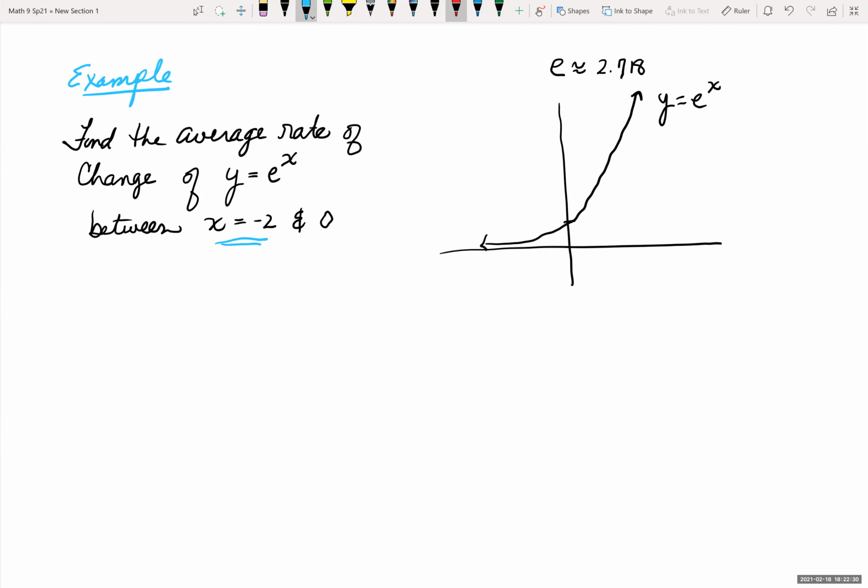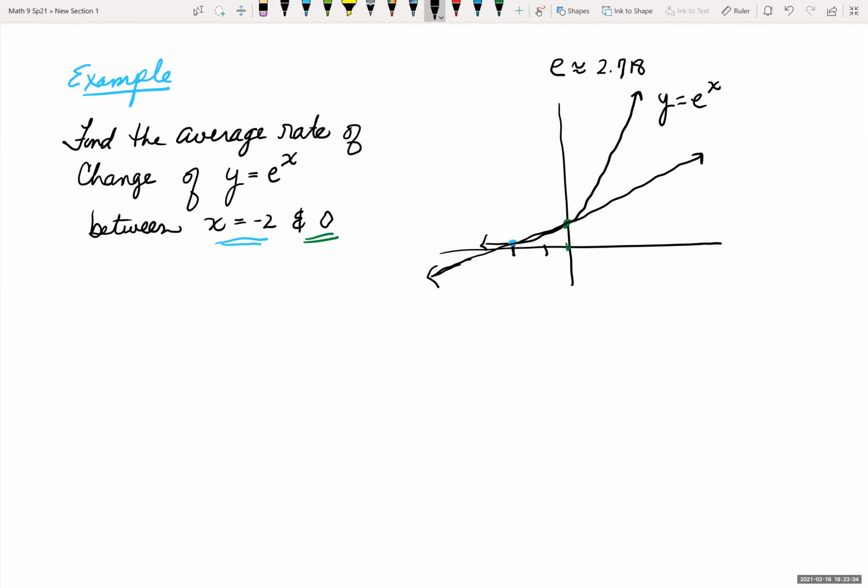So let's go down to x equals -2 on our graph, and x equals 0. When x is 0 here, we have a point here. And so we want to find the slope between these 2 points. So we need to figure out what those points are.